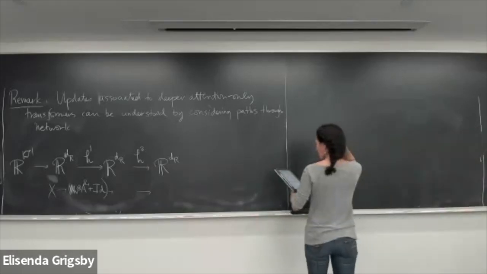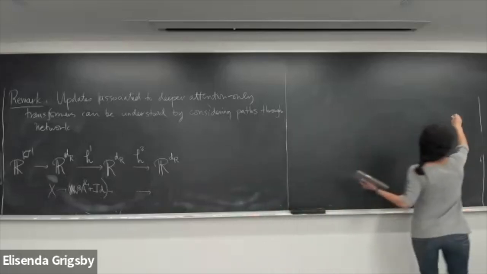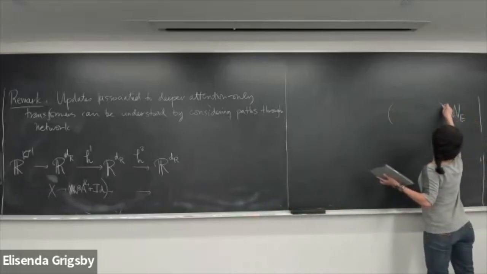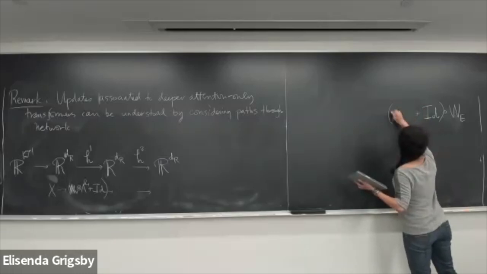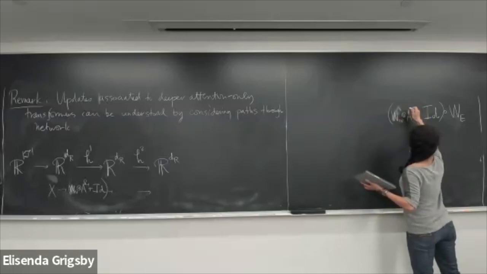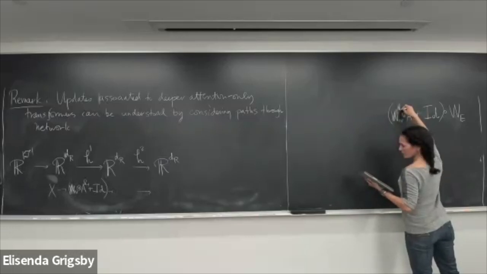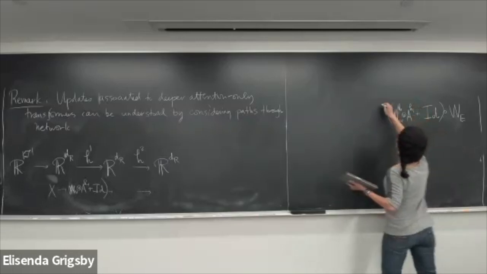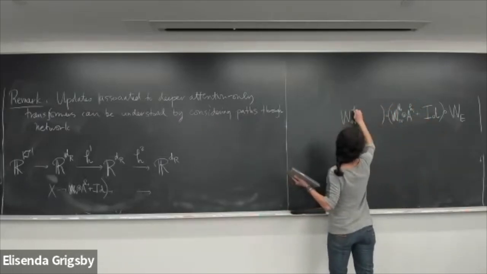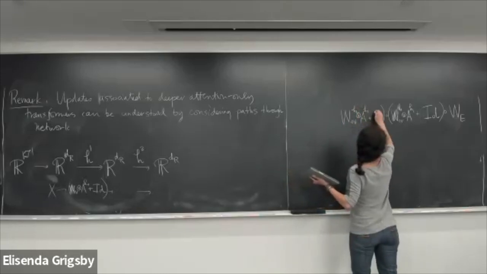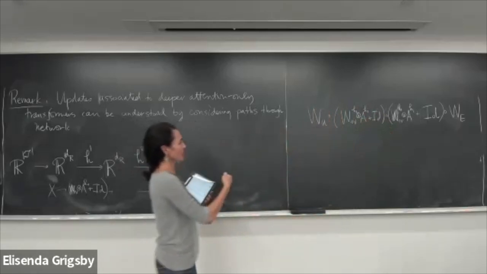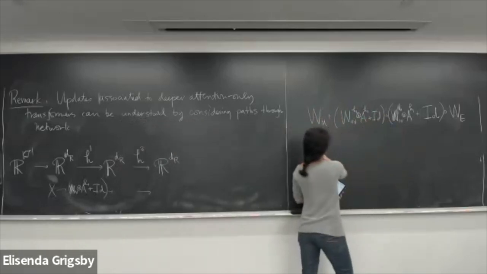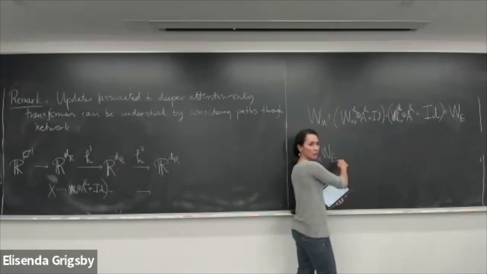So if you wanted to understand what's happening in a two-layer attention-only transformer, the point is that you have this first term, which we've already discussed, which is just moving through without doing anything.